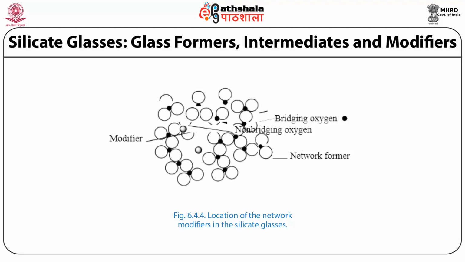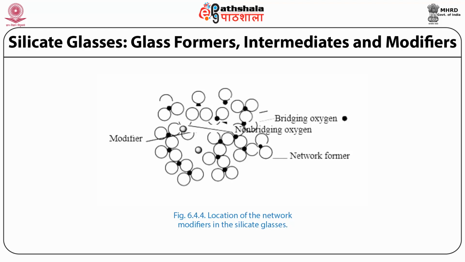As an example, consider a glass with the composition Na2O·2SiO2. In this case, R is equal to 5 by 2, as we know that R is the oxygen to silicon ratio. You can see that in the formula Na2O·2SiO2, the number of oxygens is 5, whereas the number of silicons is 2.